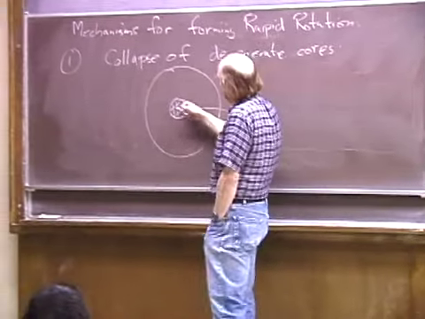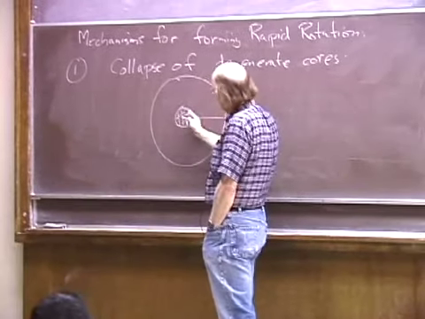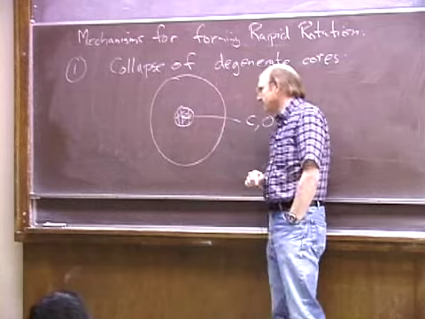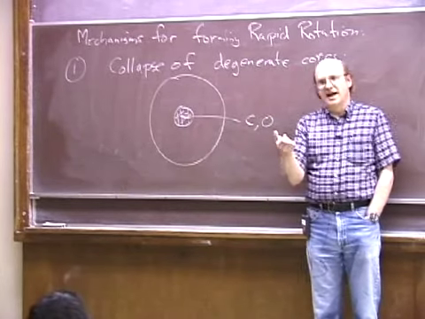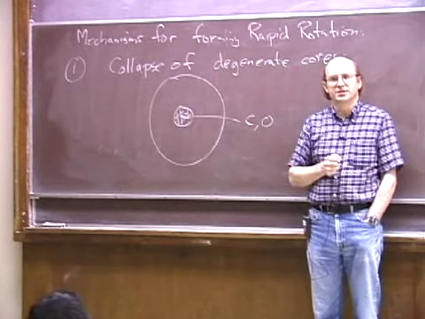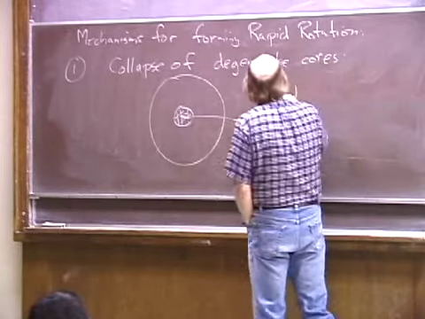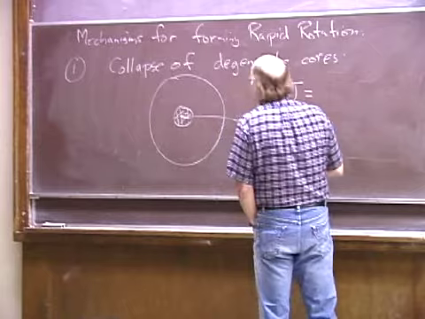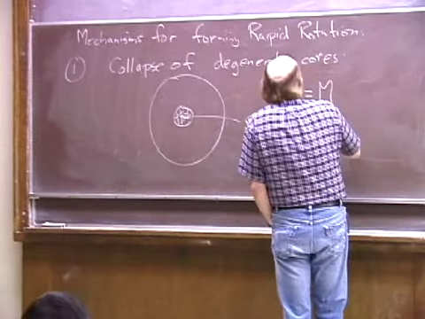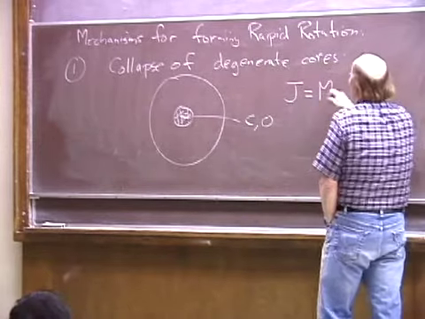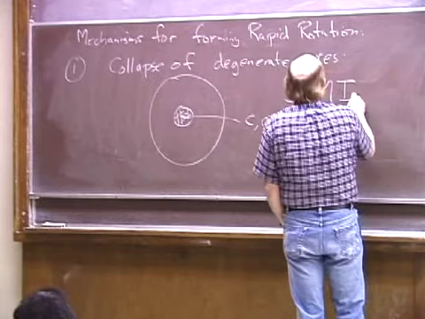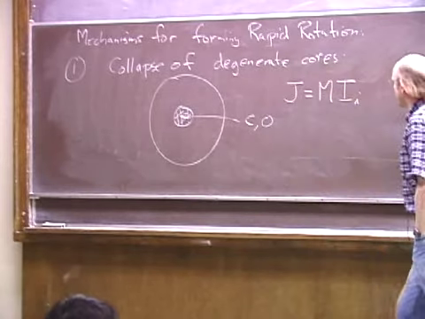Well, when you have an object which may have a little bit of angular momentum collapsing, as it collapses, the angular velocity increases in order to conserve angular momentum. So say the angular momentum of this core is J, the core has some mass m and some initial moment of inertia.